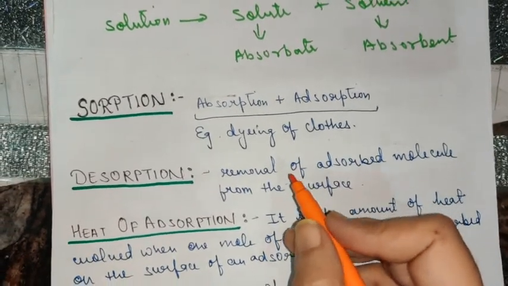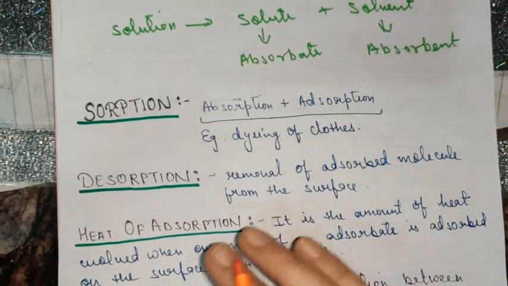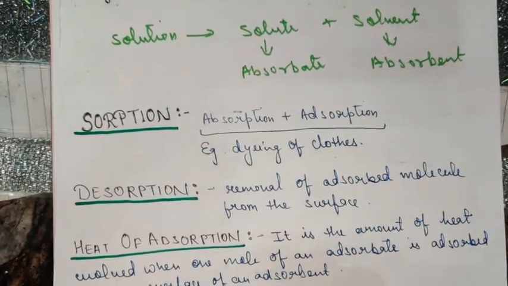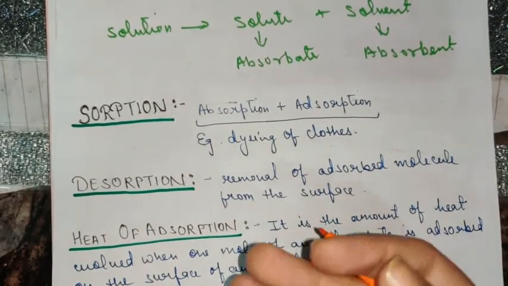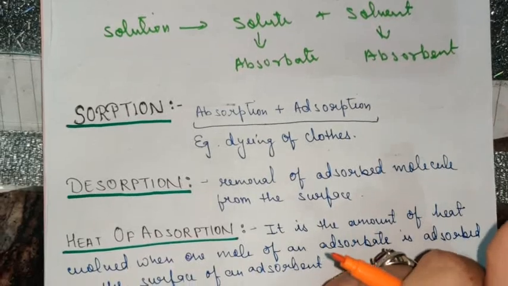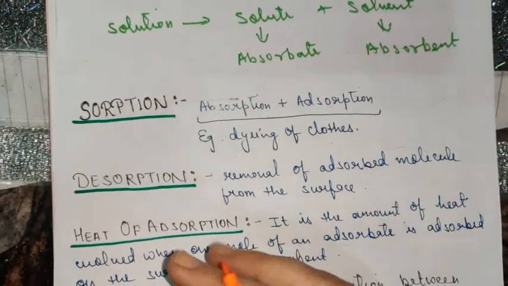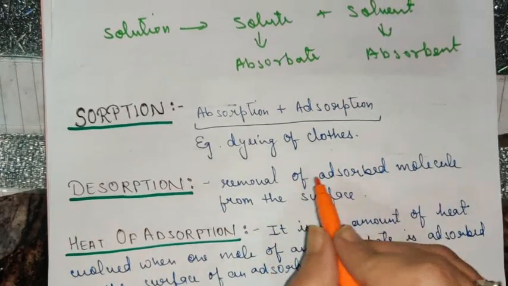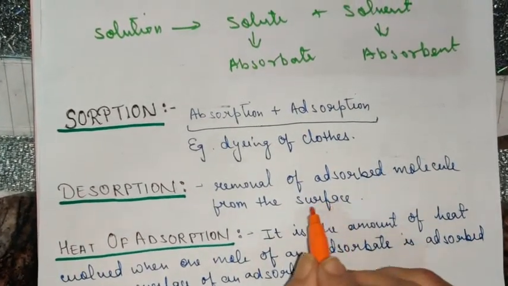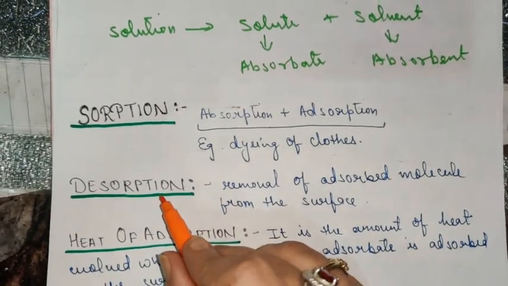You are behaving as adsorbate and the surface of the bench is behaving as adsorbent. So you get desorbed when the teacher comes, and once you have wished the teacher, you again settle down on your bench, again adsorption occurs. I hope it is clear. Removal of adsorbed molecules from the surface is called desorption, that is the reverse of adsorption.